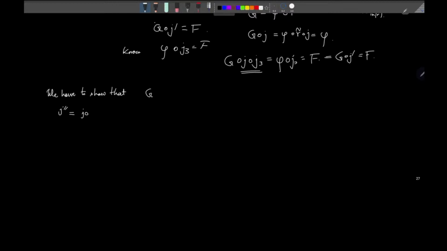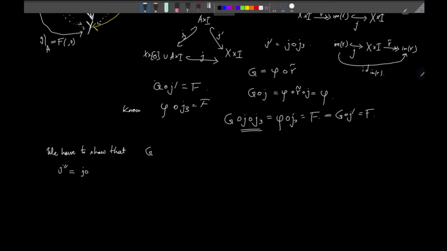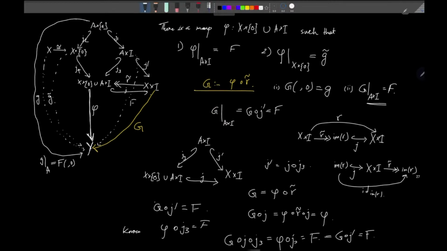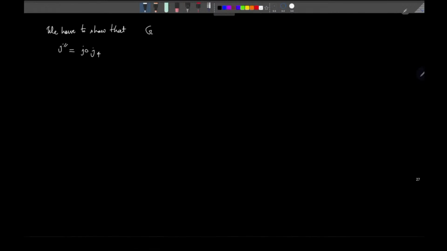The J double dash inclusion is J, again this inclusion of this union space, J composed with J4, I think that was the name. Yeah, let's just name these. This is J1, J2, this is J3 already, and J4. So have a look at this diagram properly. All we are doing in this proof is playing around with that diagram, and it all works out. So what we really want to show is that G composed with J double dash is equal to this map G tilde right here.